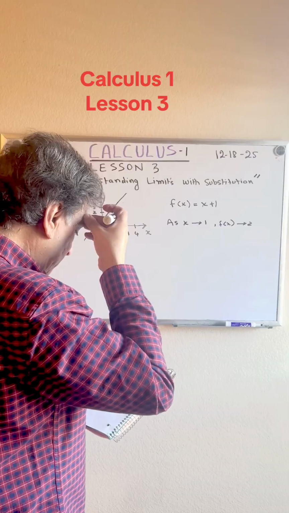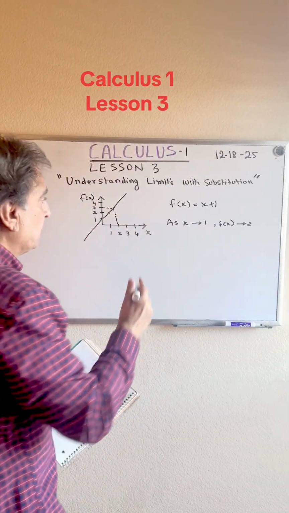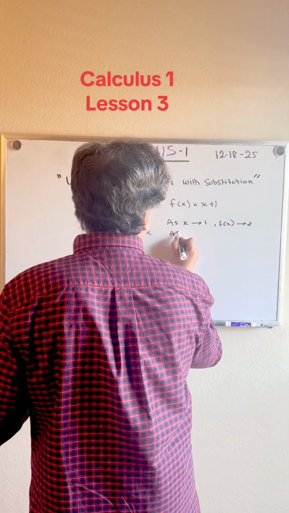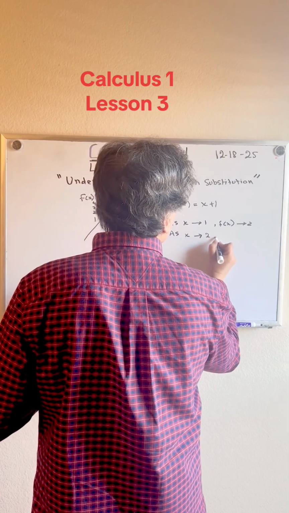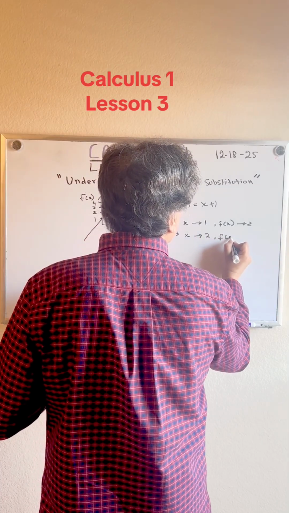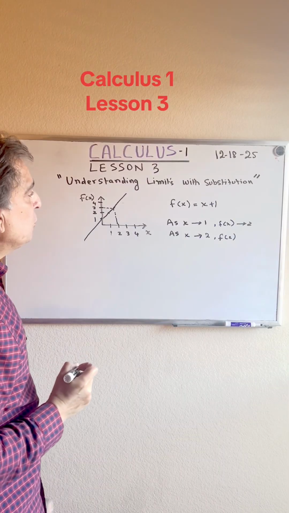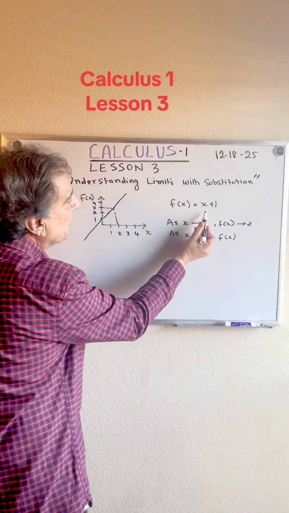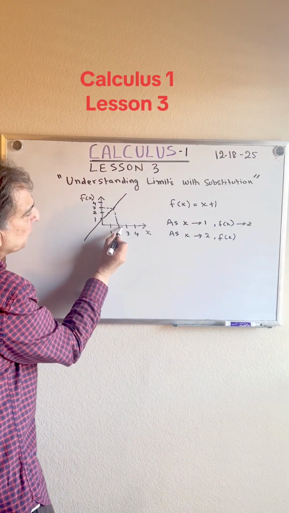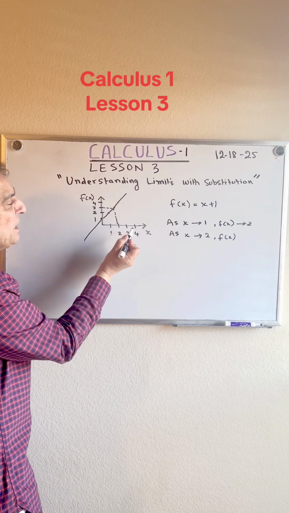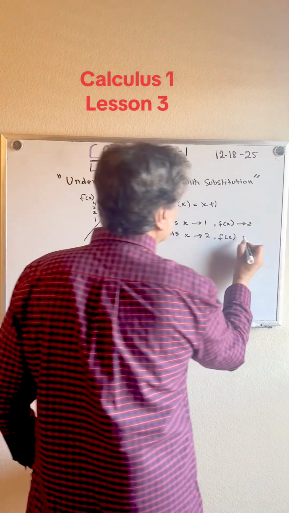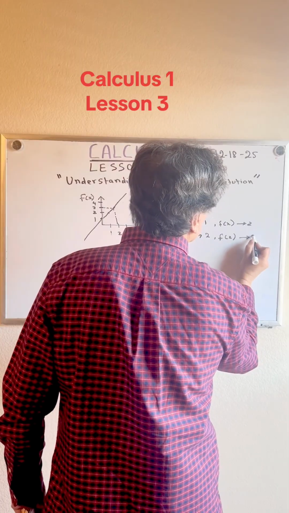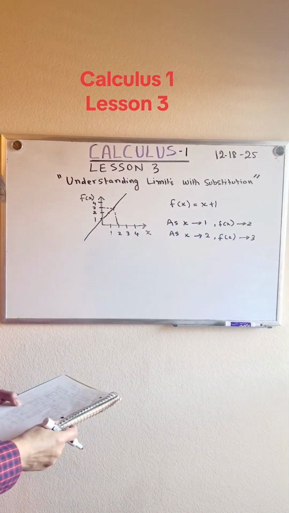Now, let's say we do as x approaches 2, what would my function be approaching? X is approaching 2. So you plug in 2 over here, 2 plus 1 is 3. So it's approaching 3, but never really dots onto 3, but gets very, very close. So then I'm going to say approaches 3 right here. Okay.